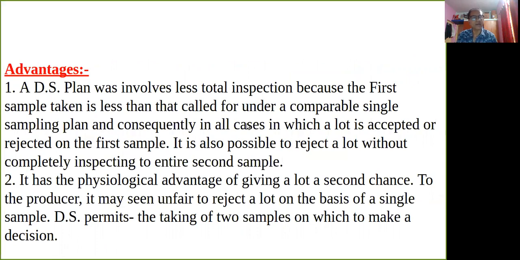Now we need to study the advantages of the double sampling plan. A double sampling plan involves less total inspection, because the first sample taken is smaller than that for a comparable single sampling plan, and consequently in all the cases in which the lot is accepted or rejected on the first sample.